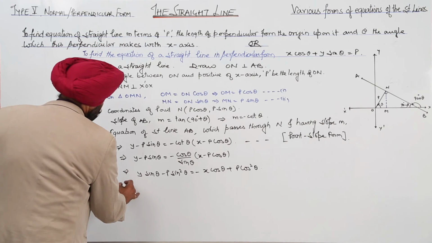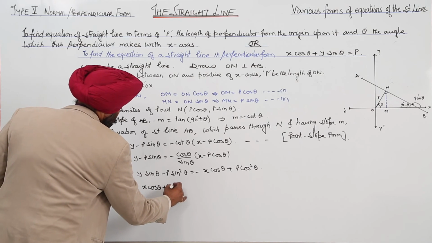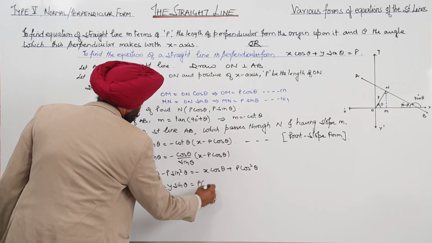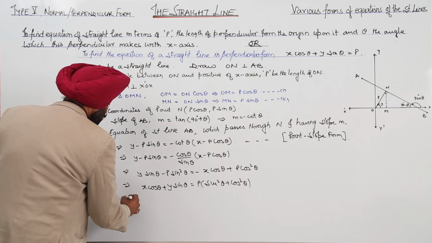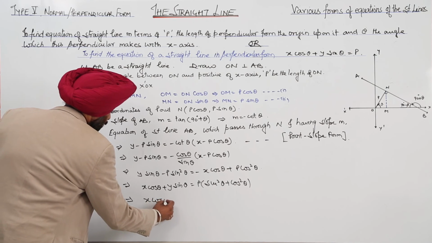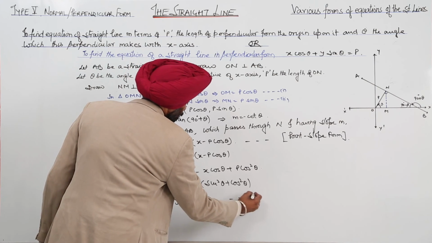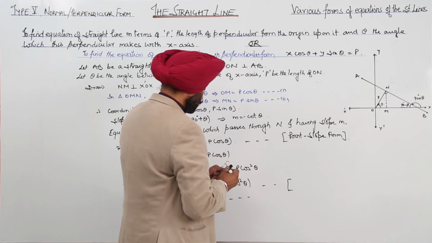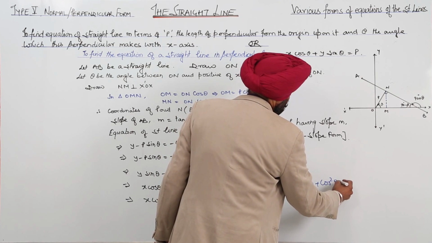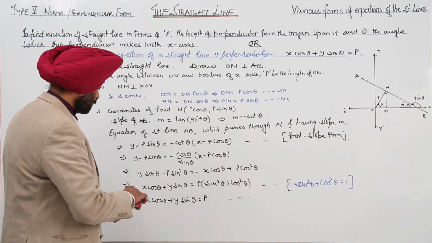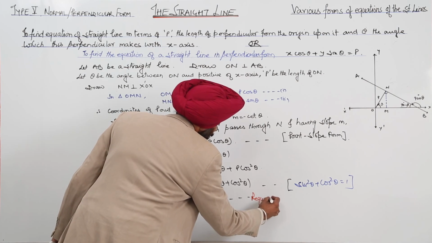Now this becomes x cos theta plus y sin theta is equal to P times sin square theta plus cos square theta, and sin square theta plus cos square theta is 1. So x cos theta plus y sin theta is equal to P, which is the required equation.